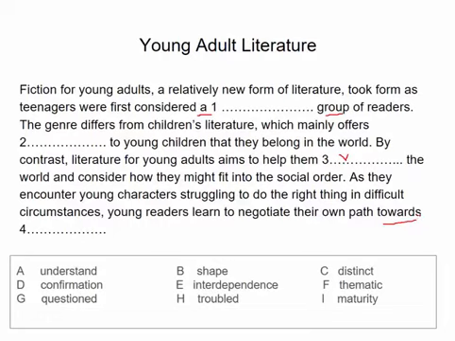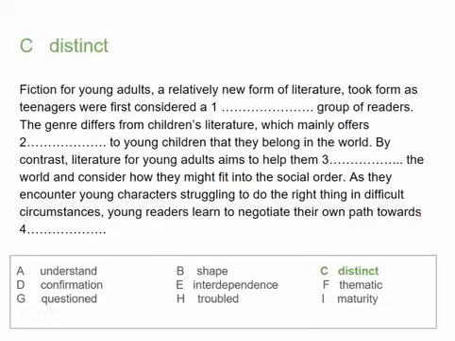Starting with number 1. Okay, the answer for number 1 is C, distinct. C is an adjective, distinct is an adjective, and the meaning of distinct means unique or separate, right? Something different from something else.